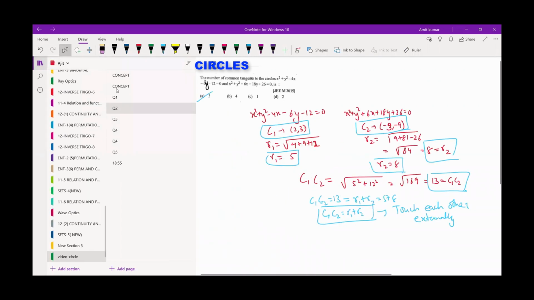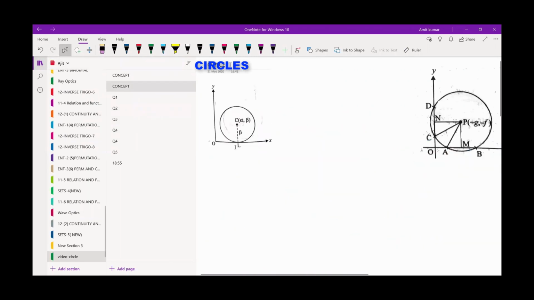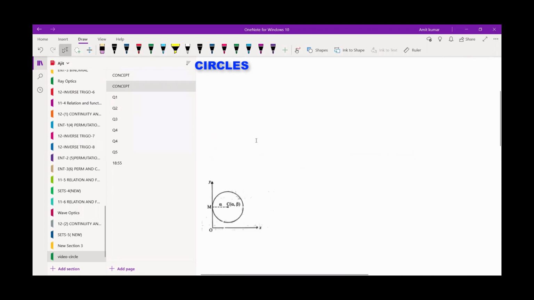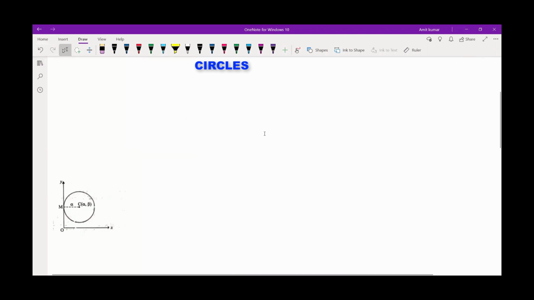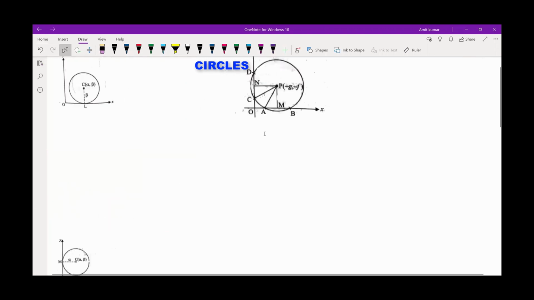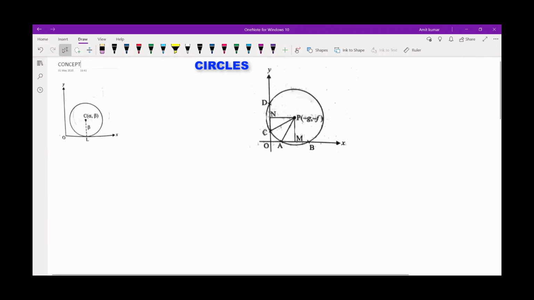Now another concept is here. You can see from the diagram, in the first case the circle is touching the x-axis.